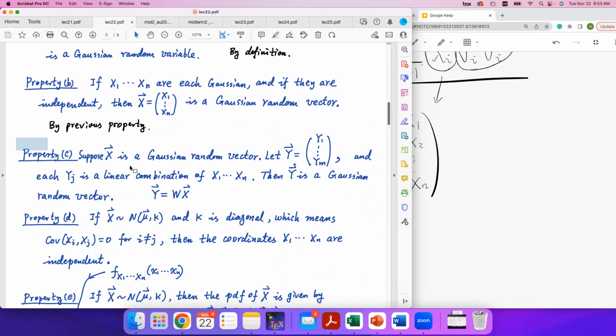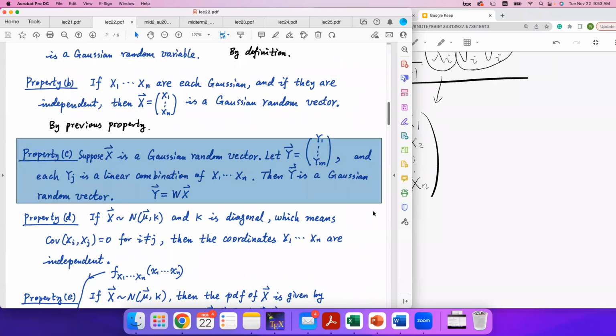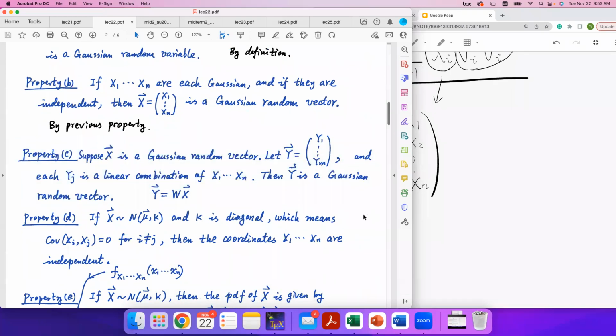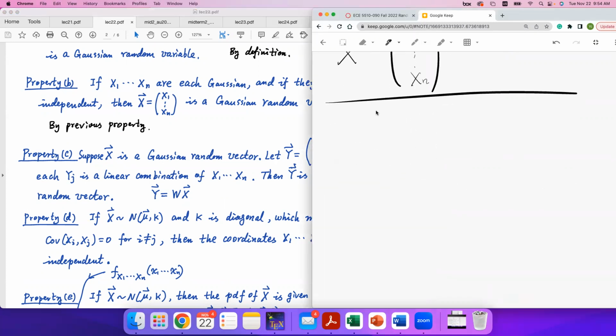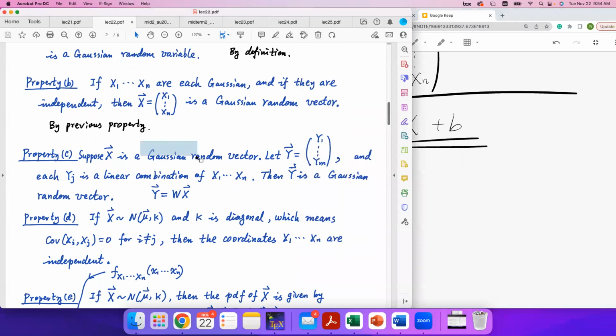And we have this generalized property, which extends the result from the one-dimensional case to the higher dimensional case. In the one-dimensional case, we know that if X is Gaussian and we look at AX plus B, then this is also Gaussian. For higher dimensional Gaussian random vectors, we have a similar conclusion.